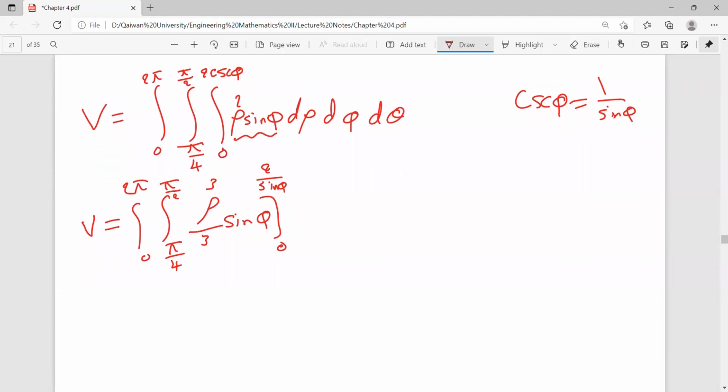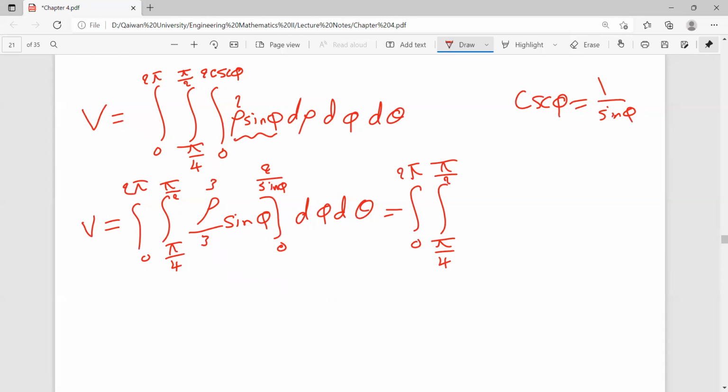Now we have d phi d theta also. It equals the integration from 0 to 2 pi, integration from pi over 4 to pi over 2. Then we replace rho by 2 over sine phi. When we replace by 0, it's 0.